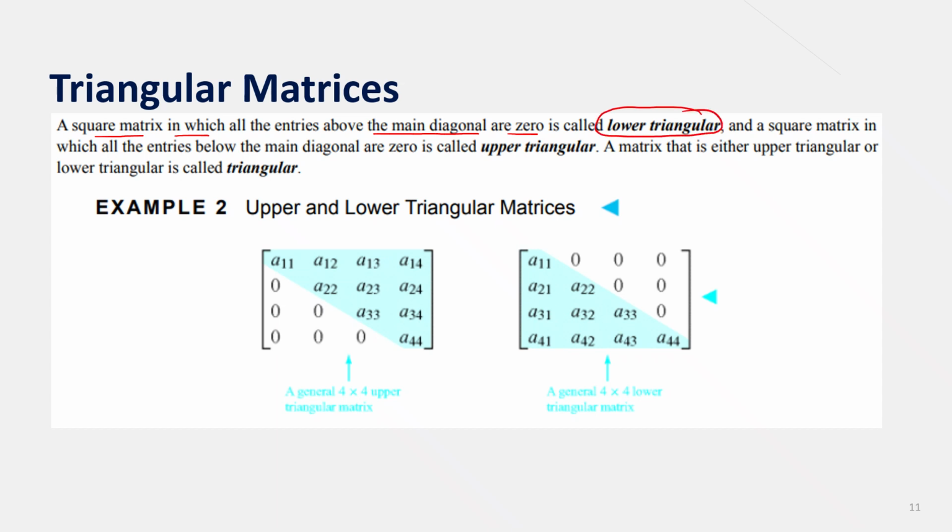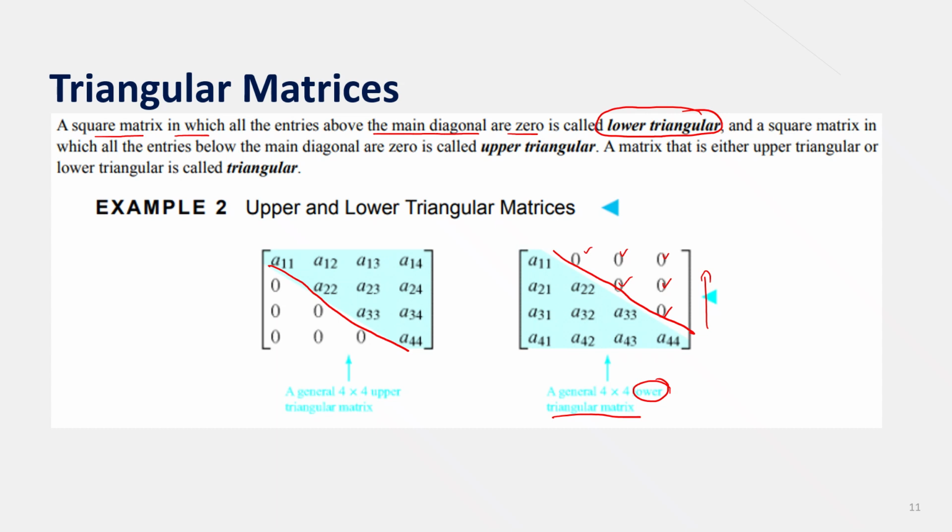So now you have the diagonal here, and all the entries above this main diagonal are equal to 0 like this one. This is what you call a lower triangular matrix.